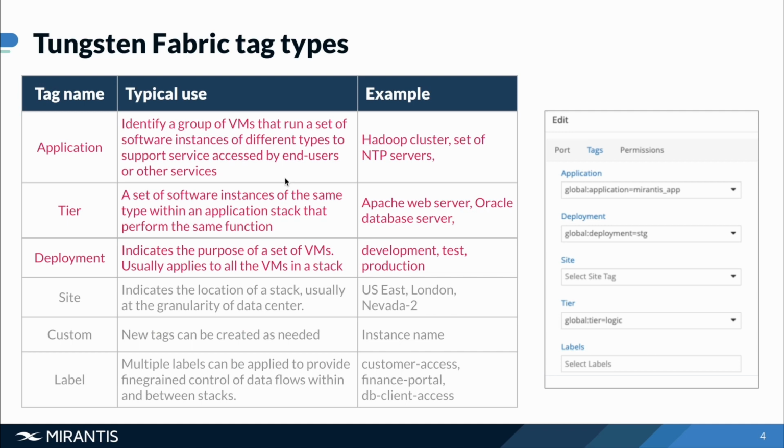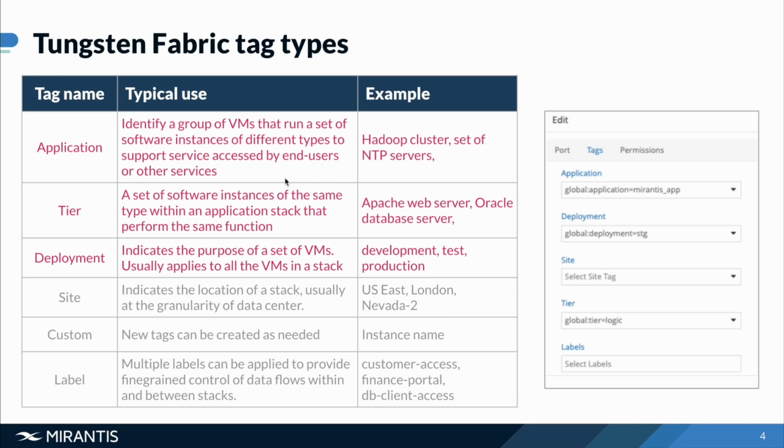A few words about tags, which are a key building component of firewall rules forming an application policy. As already stated, tags are key value pairs which can be assigned to different objects such as projects, networks, vRouters, or VM interfaces.